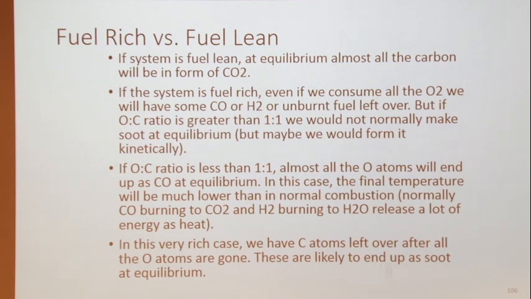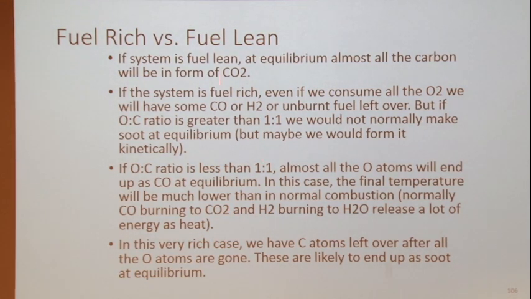You could form a little bit, but you basically don't make it. But if the O to C ratio is less than 1 to 1, then all the O atoms are sucked up to make CO, and there's still extra carbon left over. In that case, that extra carbon will tend to make soot, because you don't have enough O2 to burn it out. You can't burn out the vinyl.